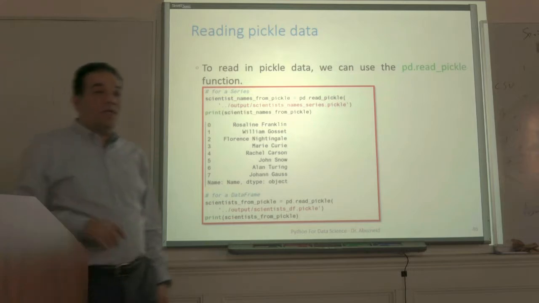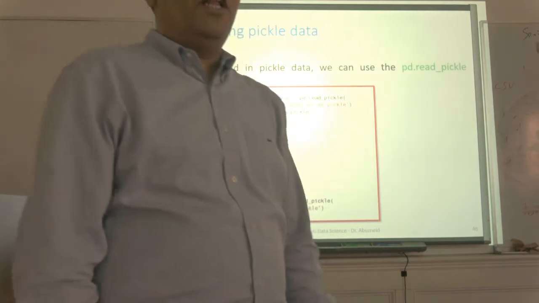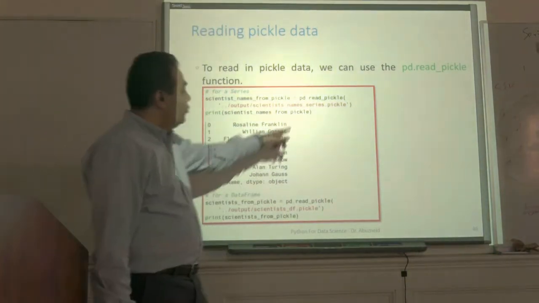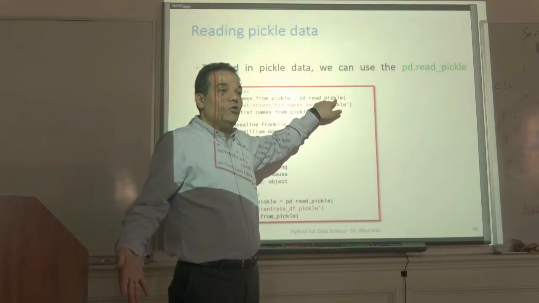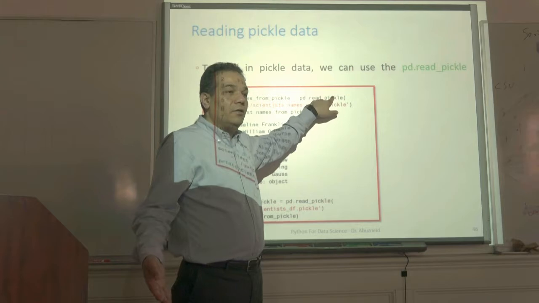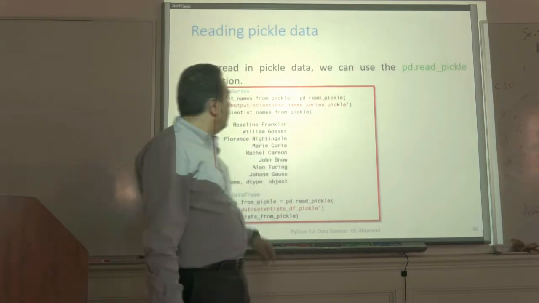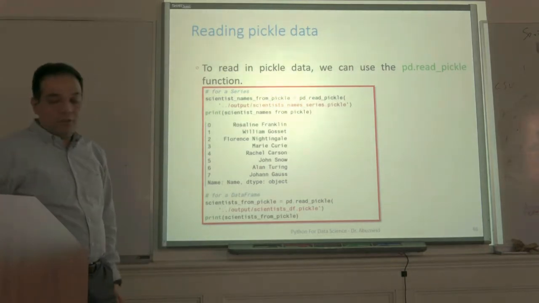I saved it in a pickle. I need to read it back. Very simple: there is a read pickle. At the beginning of this lecture, we used read CSV, right? Now read pickle. Same thing. I point to the file, read it and display it.